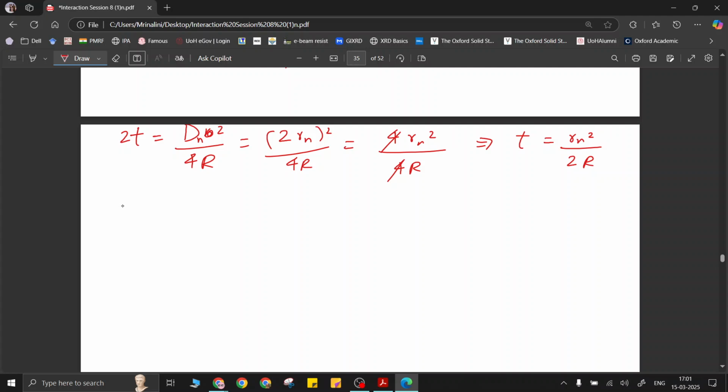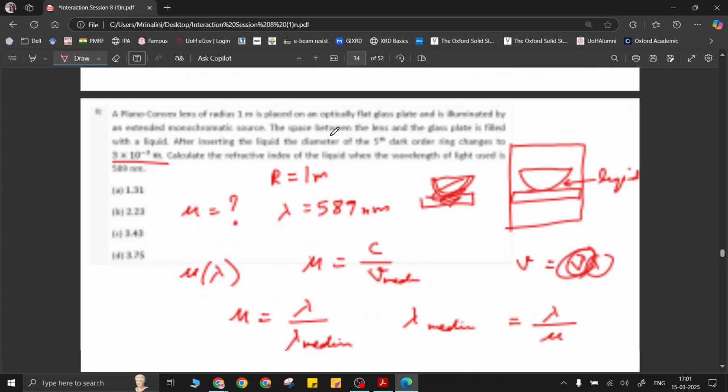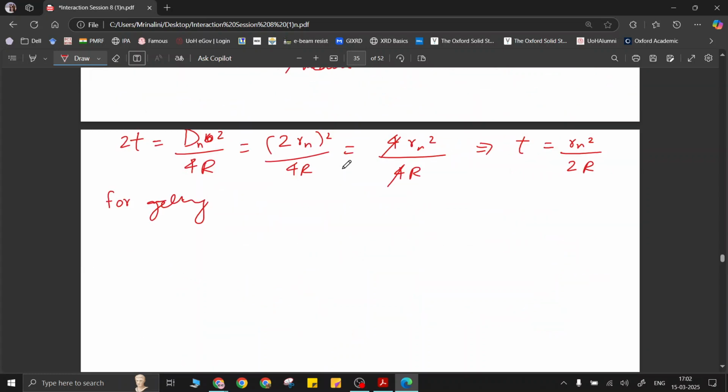Okay, now there is another thing: we need to obtain whether we are talking about a dark or bright fringe. Here we are talking about the dark order ring, the fifth dark order ring. For getting the dark nth order ring, we know the path difference 2 mu t, plus lambda by 2 will be extra.